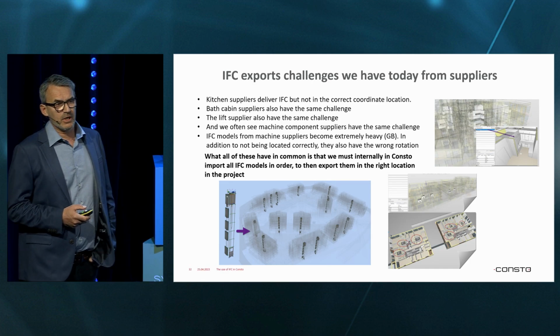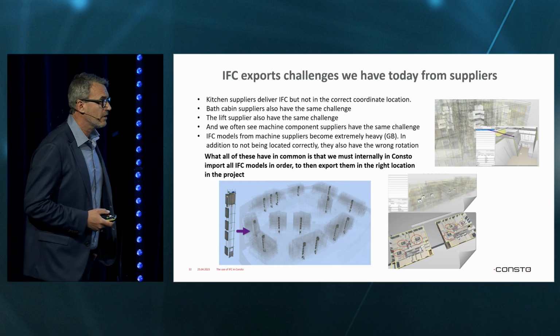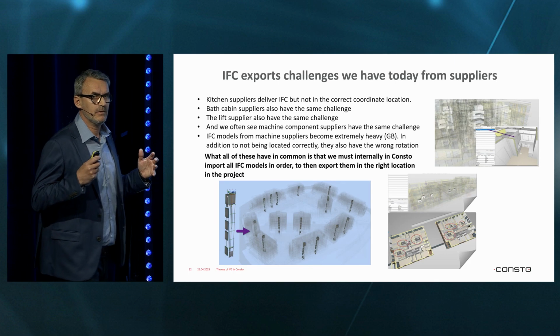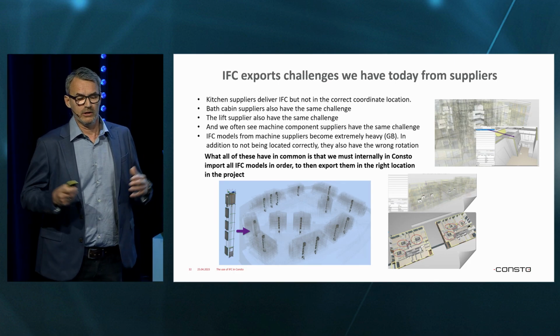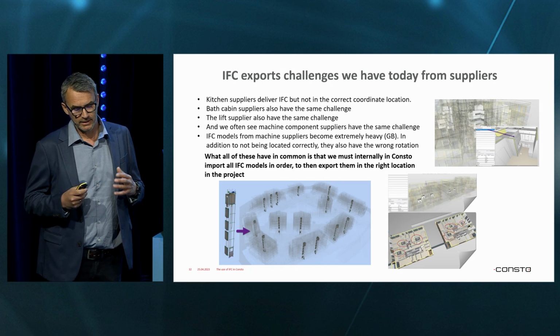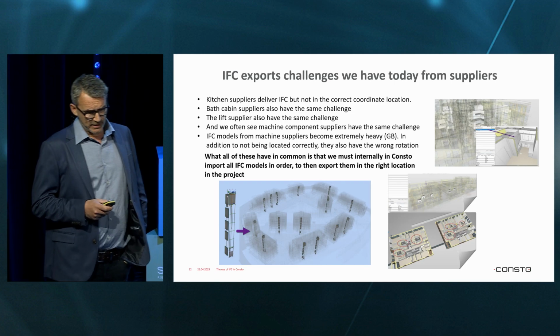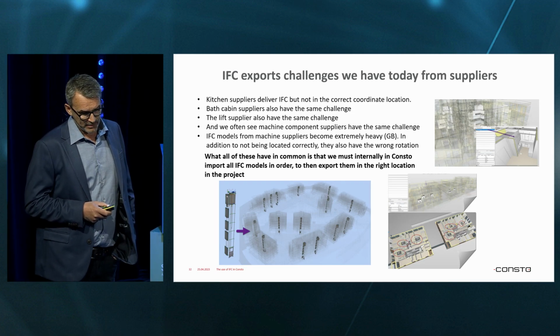And I'll talk about the challenges we have today, because from our suppliers, in our projects, we declare that we shall have models from all suppliers in our buildings. So we can see from the kitchen suppliers, the bath cabin suppliers, the lift suppliers.